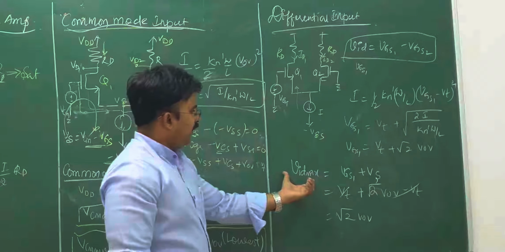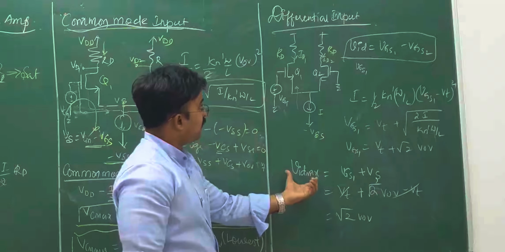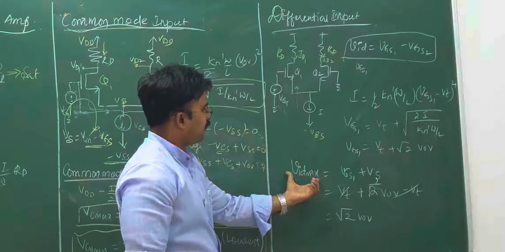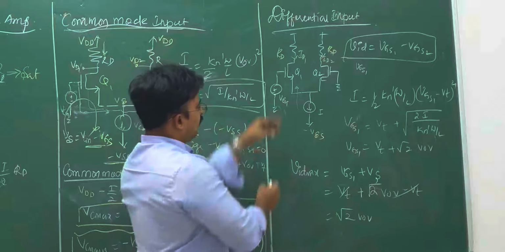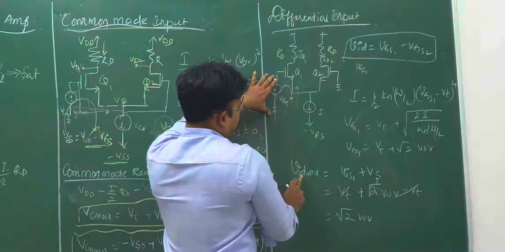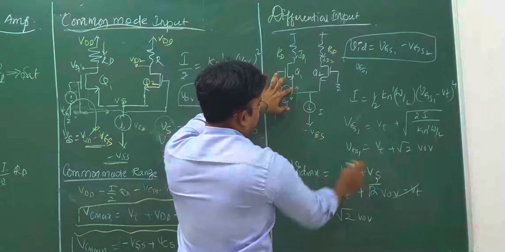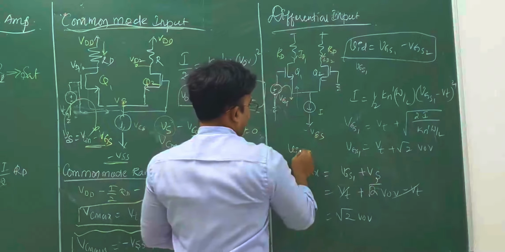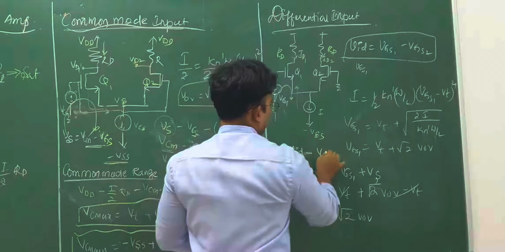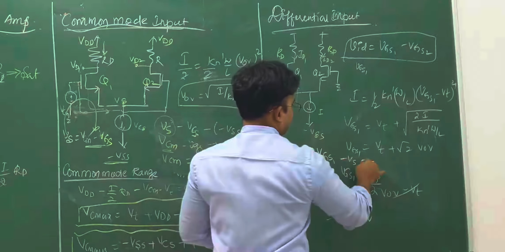Now, what is the maximum value of VID you can obtain? VID is nothing but VGS1 minus VGS2, so VGS1 minus VGS2 minus VID equals 0.